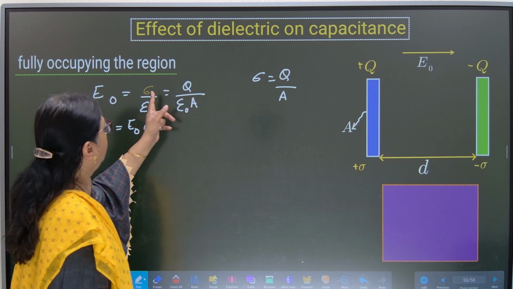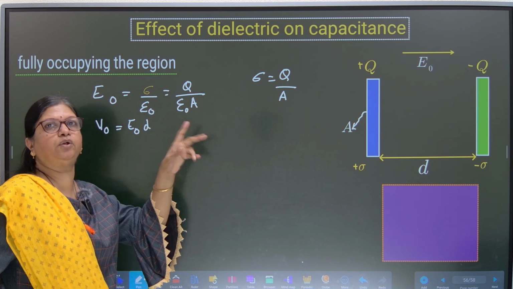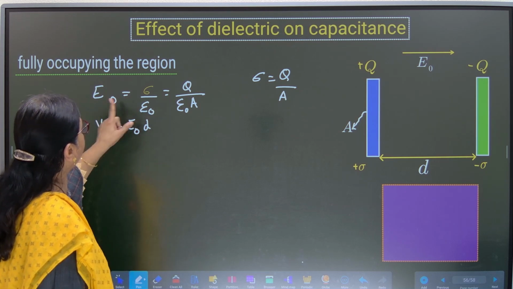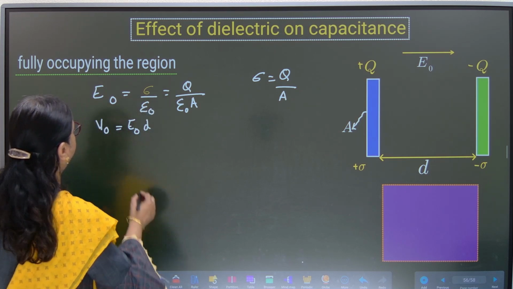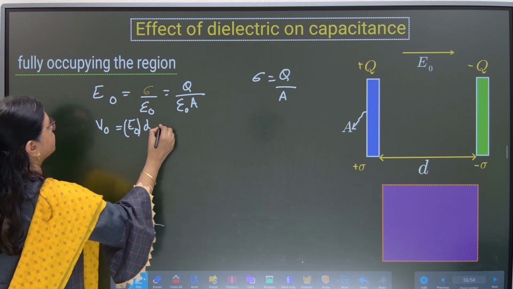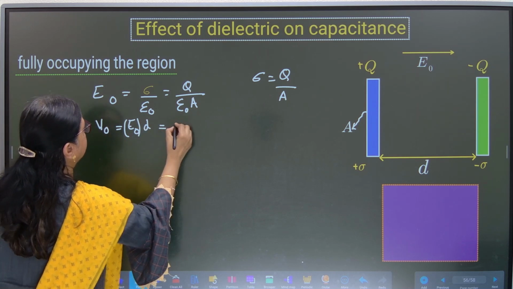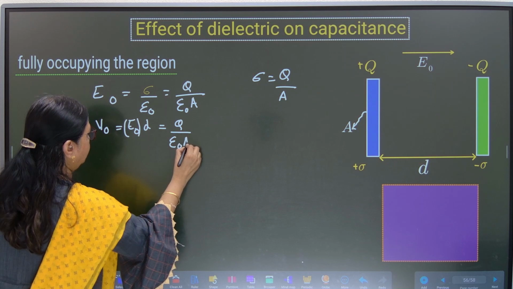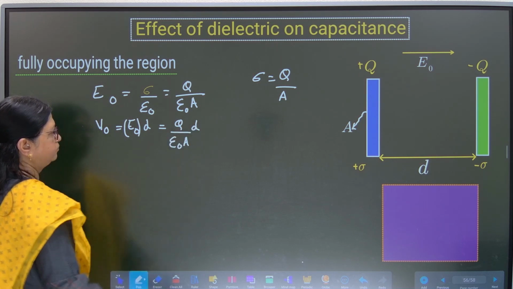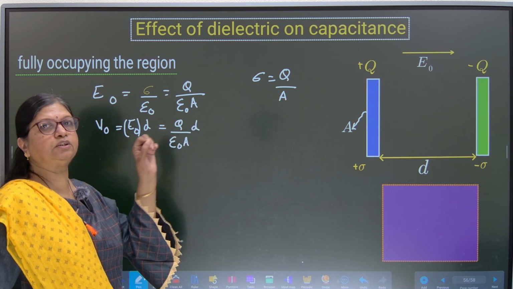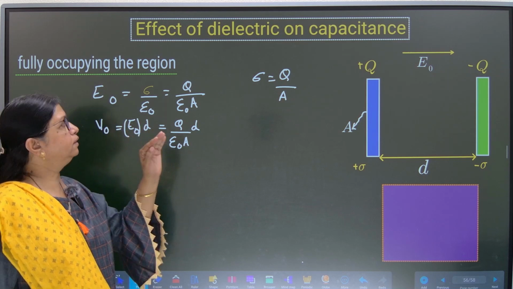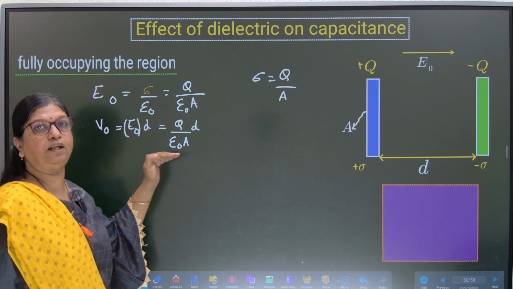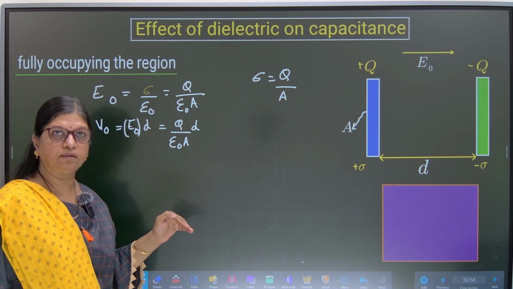Instead of sigma, I have substituted Q upon A. Substituting the value of E naught here, I get V naught is equal to Q d upon epsilon naught A. Follow these steps: first I have written E naught, then I wrote V naught.